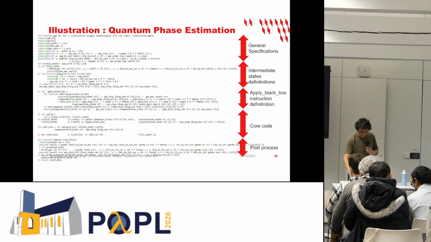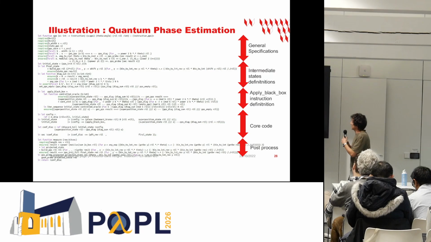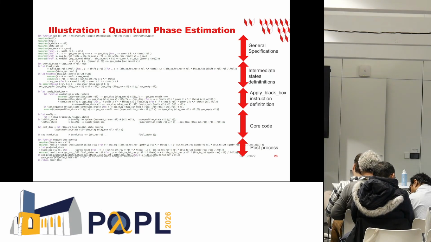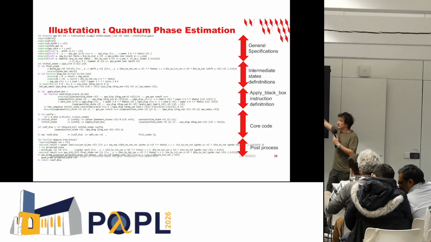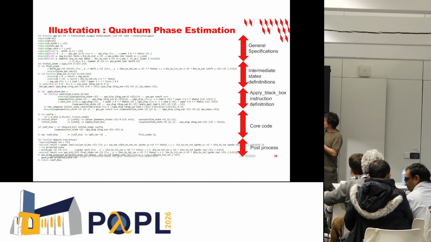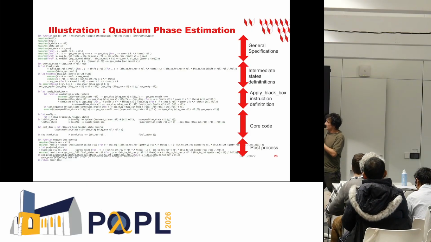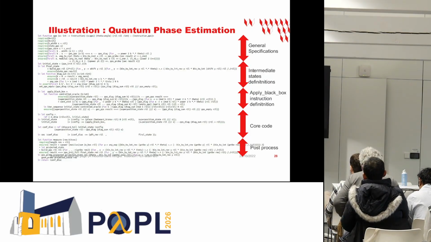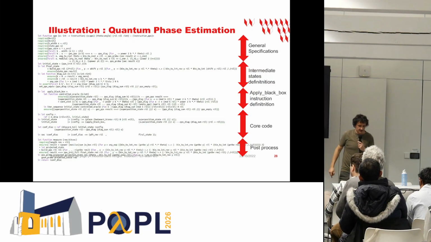And the third example, because it is the one that we saw in the picture, is the quantum phase estimation. So here again, a preamble containing the general specifications, a little bit of intermediary definitions, and in particular the intermediate path-sum description state definition, some definitions for the instructions, and the core code formatted by this specified instruction function that I introduced.